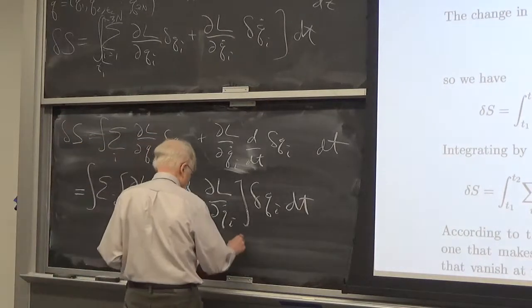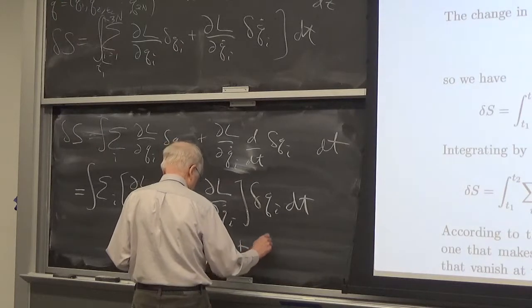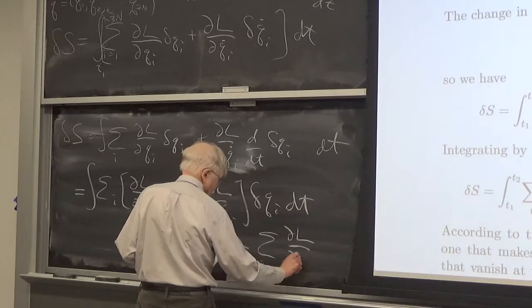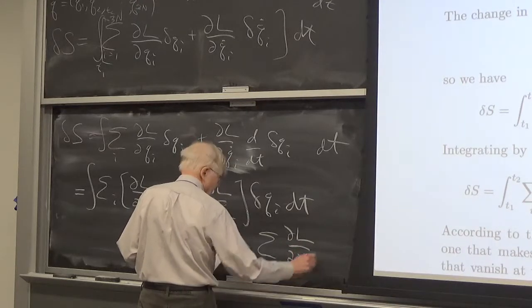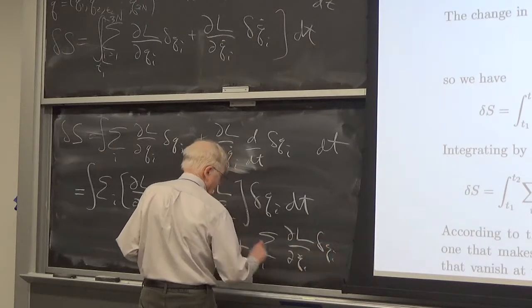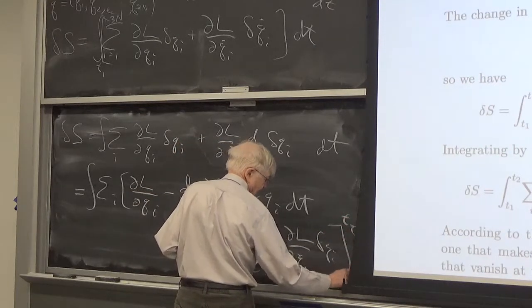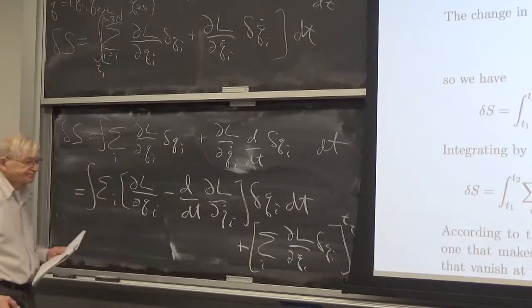And the surface term is sum on i partial L partial Qi dot change in Qi evaluated at T2 minus the same thing at T1.